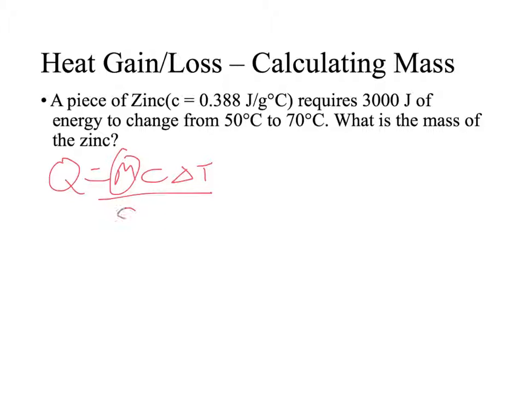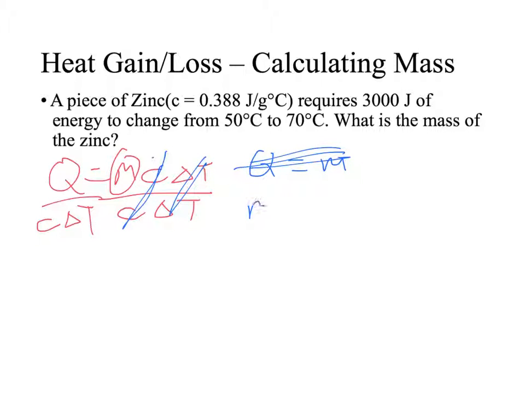We have to divide by C delta T on both sides. And when we do that, the C's cancel and the delta T's cancel. We're solving for mass, which is equal to Q divided by C delta T.